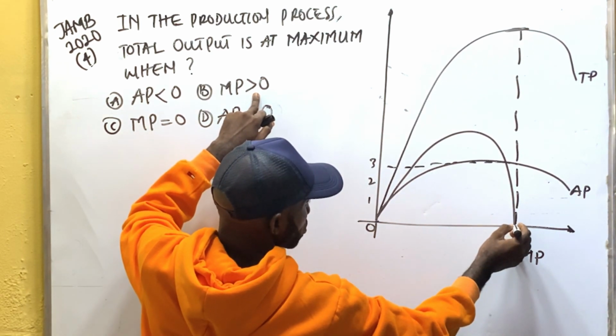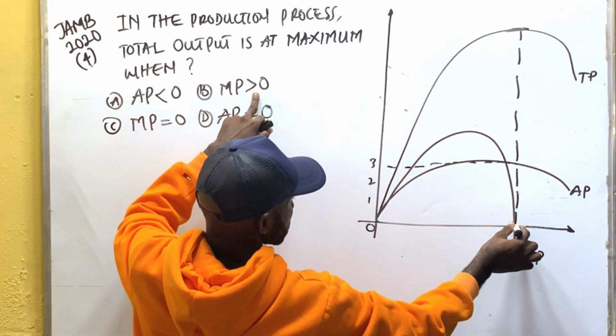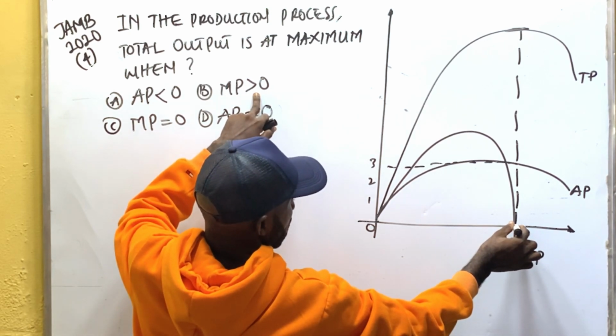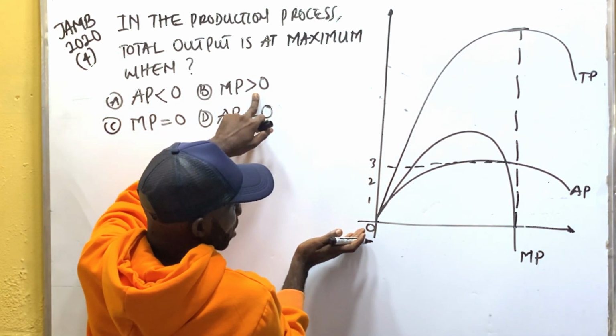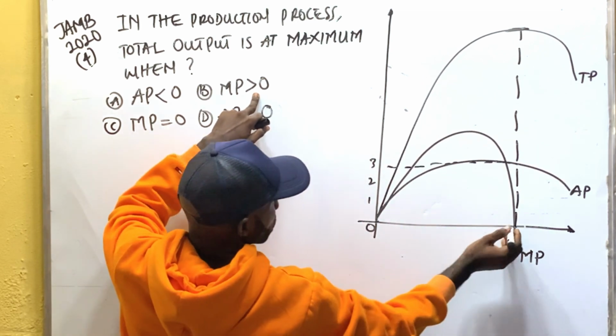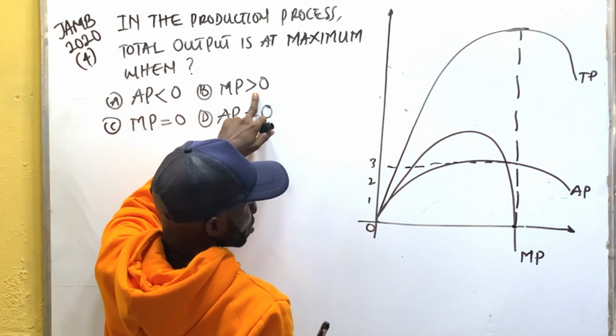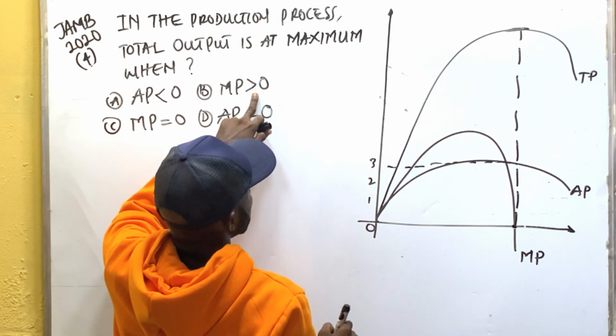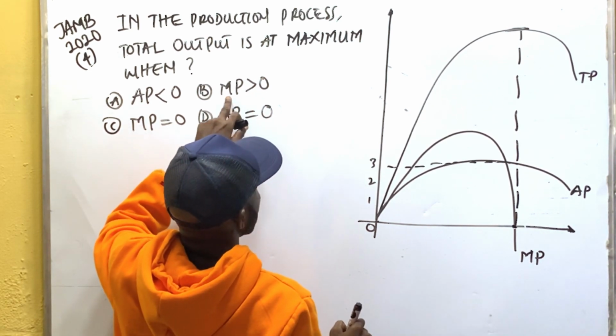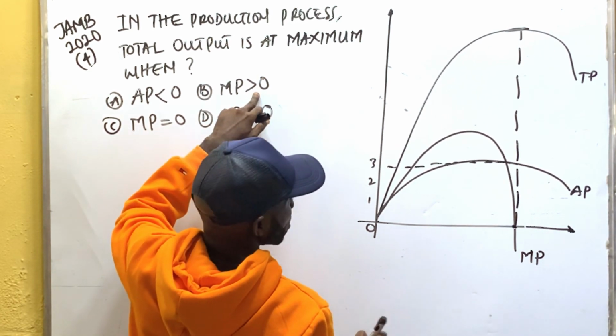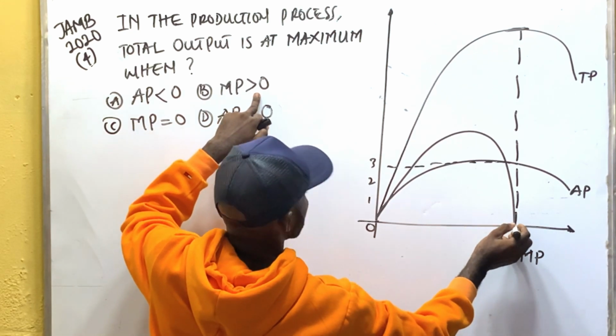This is marginal product. It's not greater than 0 because the numbers above 0 don't tally with the point of intersection. So we cannot say it is greater than 0. It's equal to 0, not greater than 0.